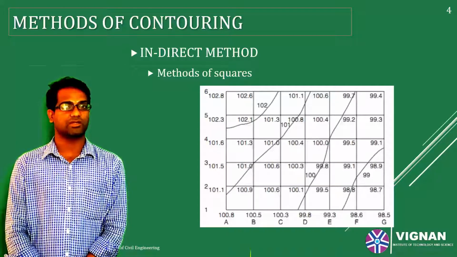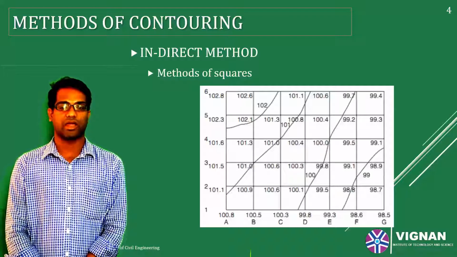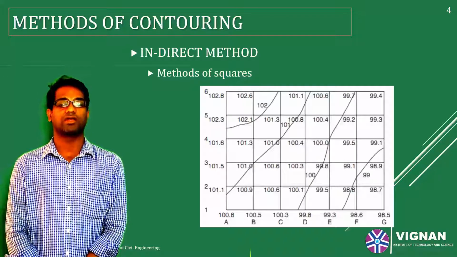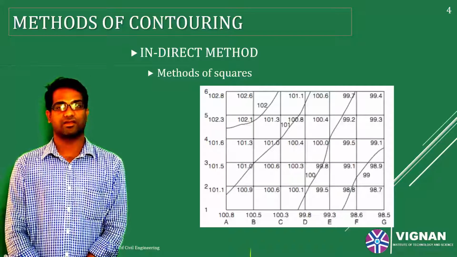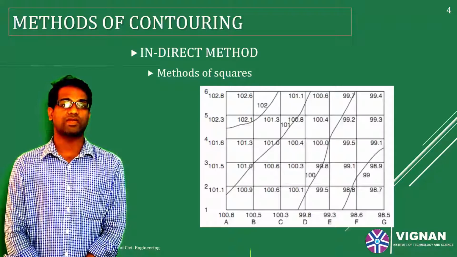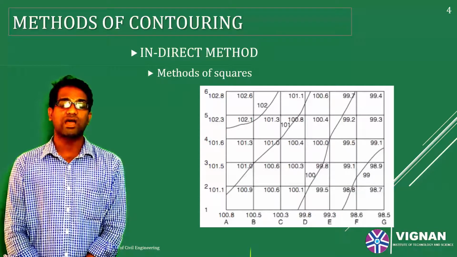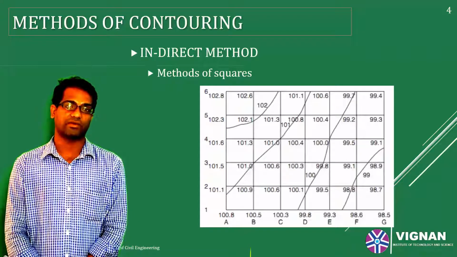A1 could be the left side bottommost corner, and G6 is the topmost right hand side corner, and 99.4 is the G6 reduced level. How did I get the 99.4 reduced level? Because I took the staff value there.